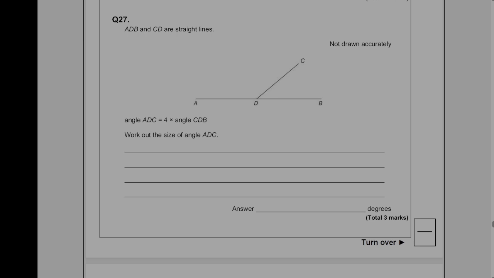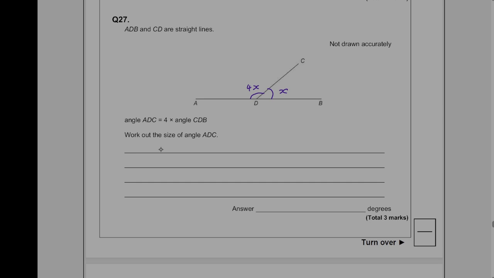Question 27 then. ADB and DC are straight lines. The angle ADC, so the angle A to D to C, is 4 times the angle C to D to B. Work out the size of A to D to C. Right, so if I call that x, that would mean that this one's got to be 4x.